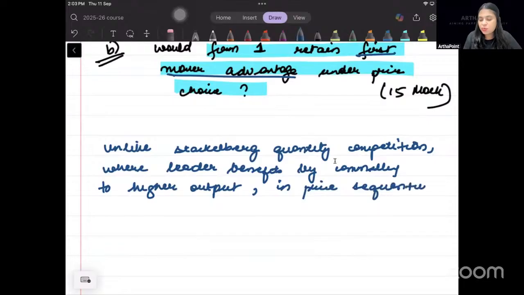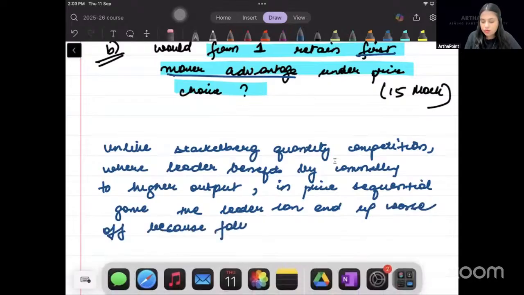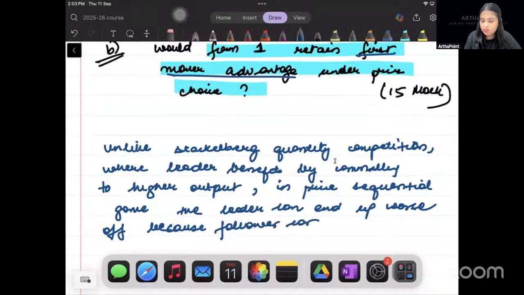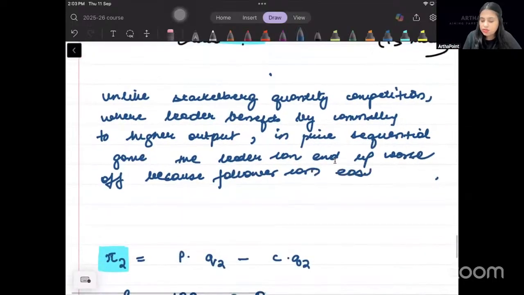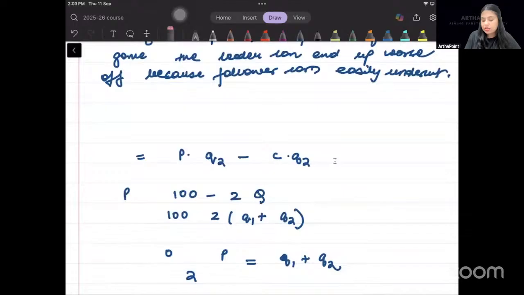In price sequential game, the leader can end up worse off because the follower can easily undercut. So this way, explaining this theoretically is an easier job and it shows that you know the concept well.